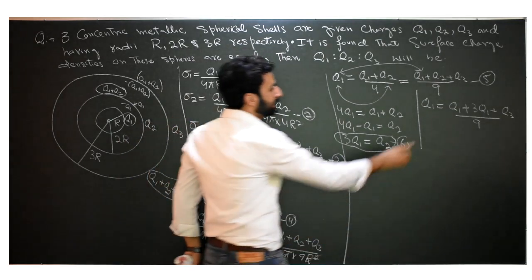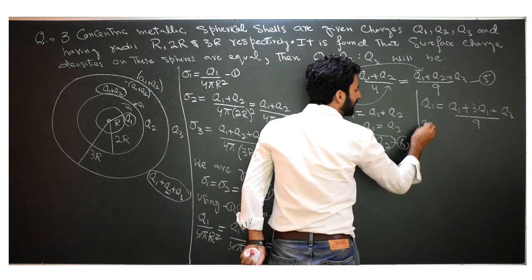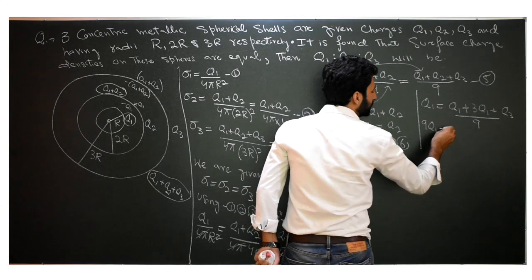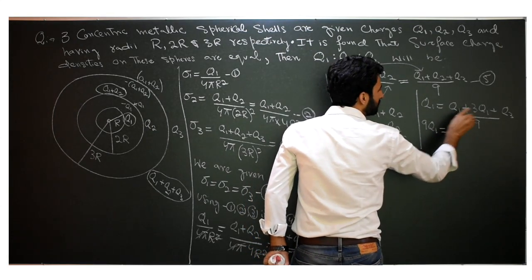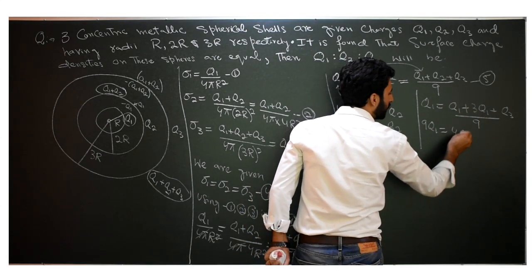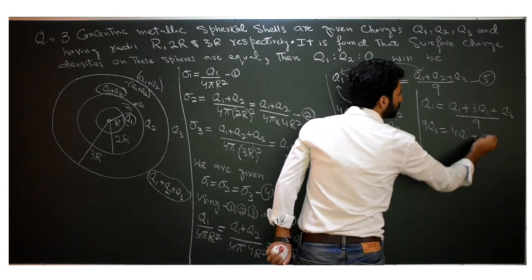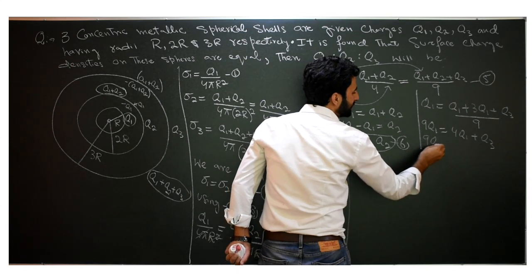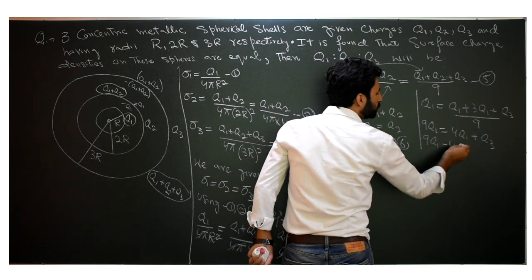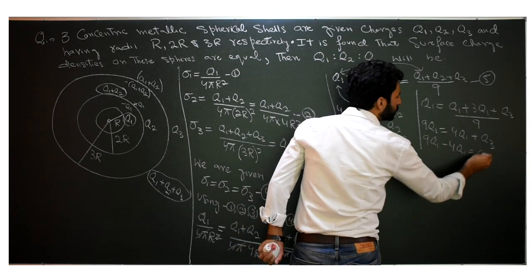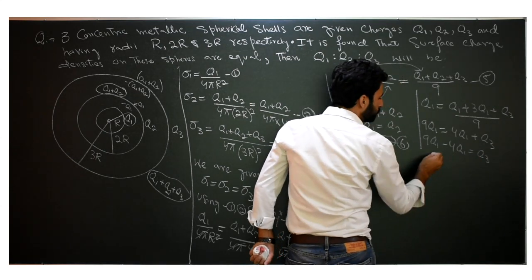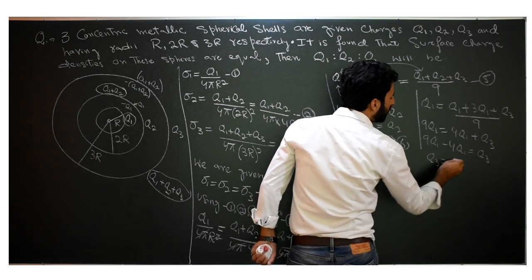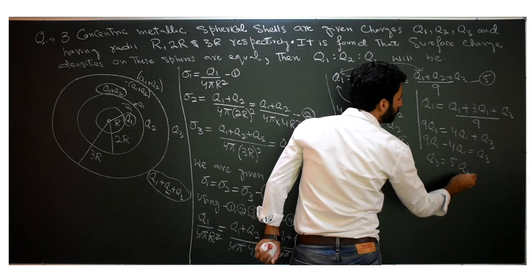So simplifying it, it is 9 times Q1 is equal to Q1 plus 3Q1, that is 4Q1 plus Q3. Or we have 9Q1 minus 4Q1 is equal to Q3, which means Q3 is equal to 5 times Q1.